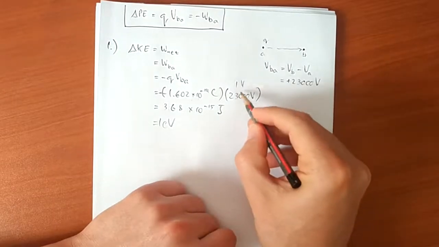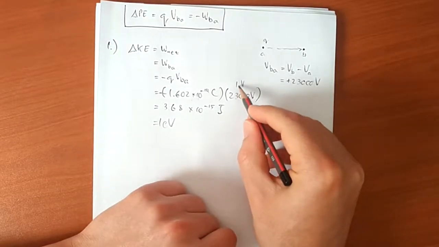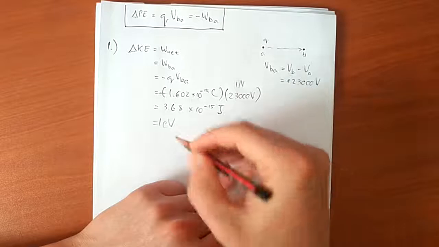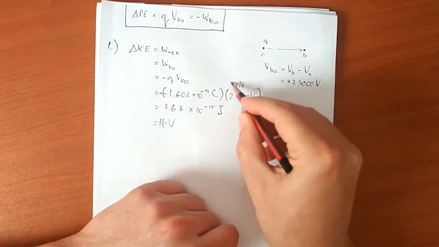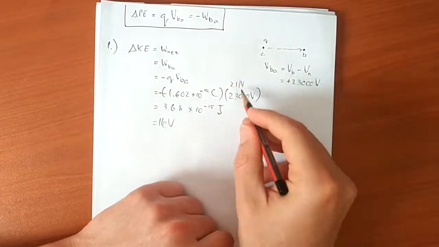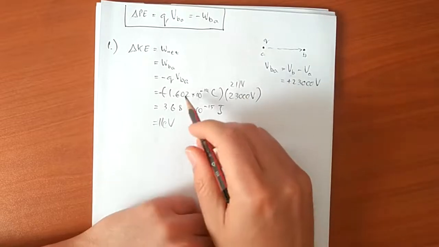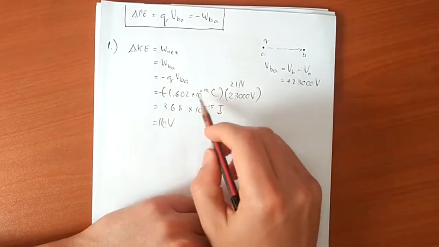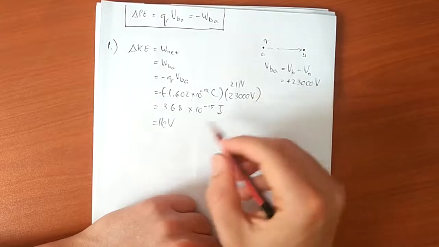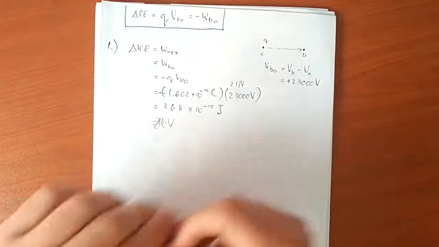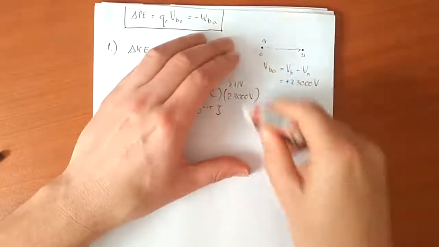If this was 11 volts, then the answer would be 11 electron volts. If this was 211 volts, then it's a charge with the magnitude of an elementary charge moving through a 211 volt potential difference, so the answer would be 211 electron volts, just by definition of an electron volt.